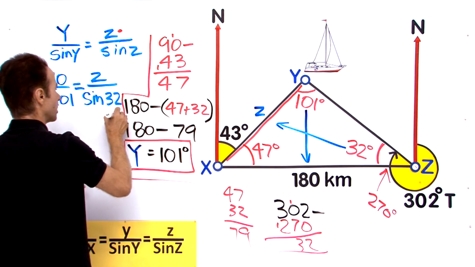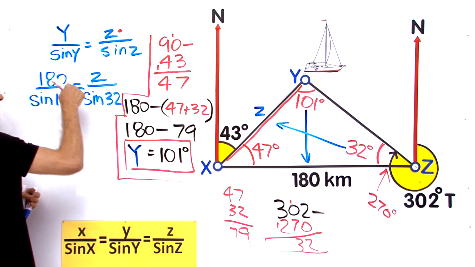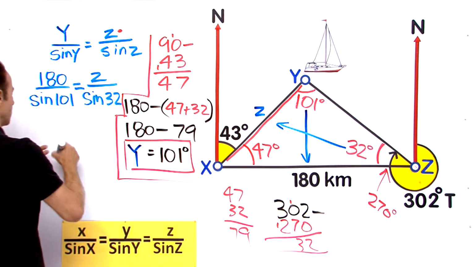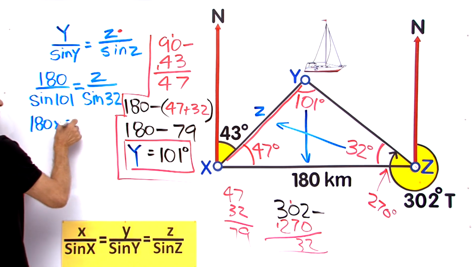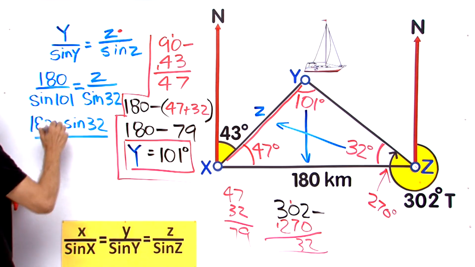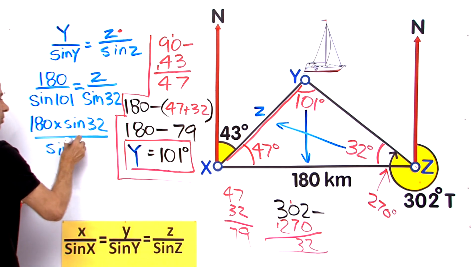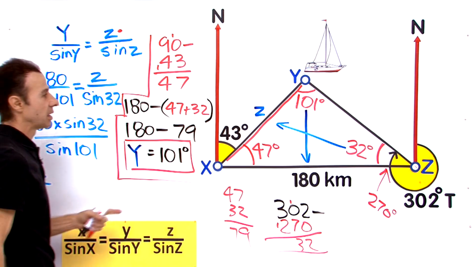Now what we do is we cross multiply. So 180 times sine 32, and then we divide it by sine 101 degrees. That's going to give us the length of little z.